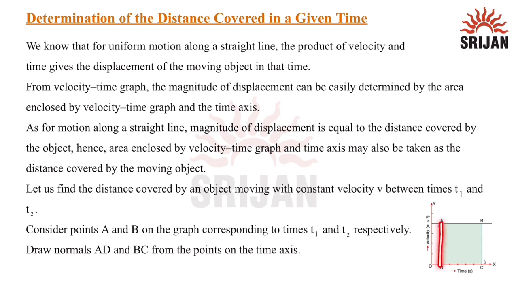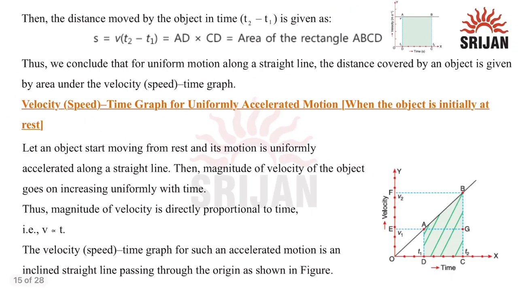Now, when we draw normals AD and BC from the points on the time axis, the distance moved by the object in time between t2 and t1, that is t2 minus t1, would be the area of rectangle ABCD.